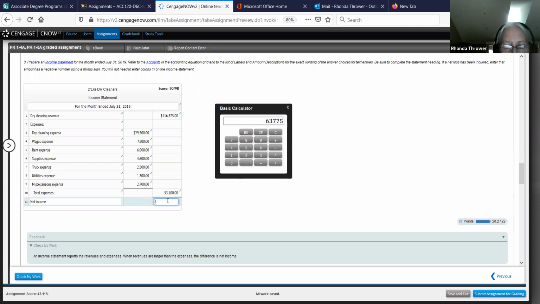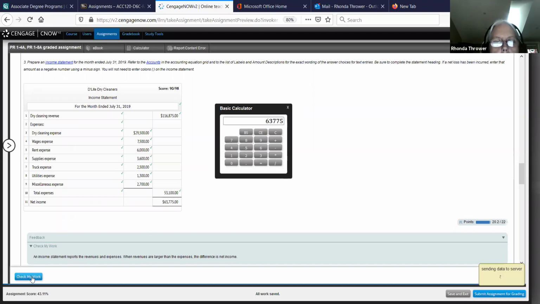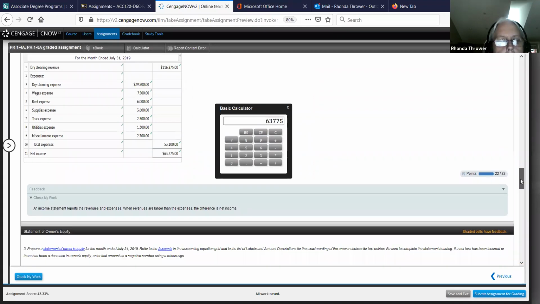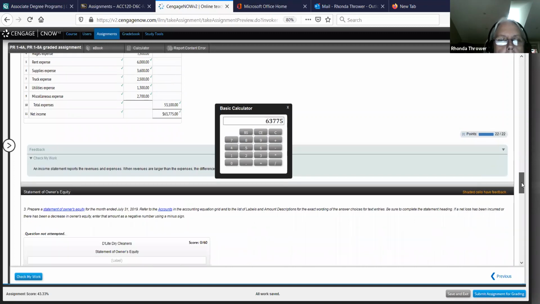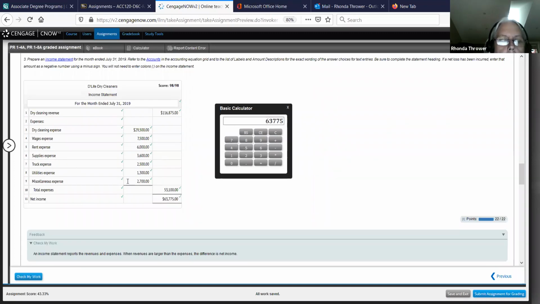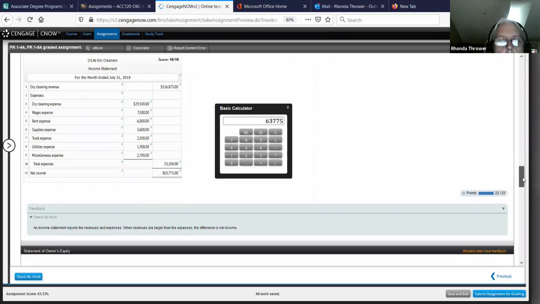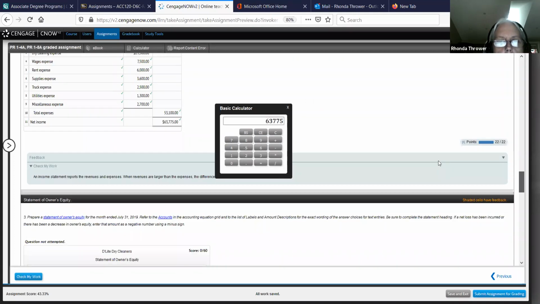So 63,775 is the amount of the net income that we would have for this particular company. And so this is how you would prepare an income statement. You must prepare your statements in order. So do your income statement first, and then we'll do the statement of owner's equity.